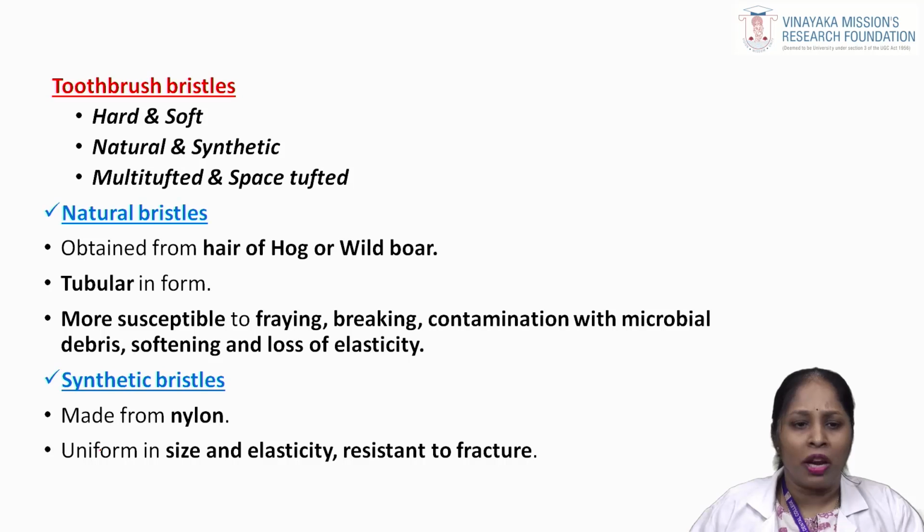In the toothbrush, there are bristles which are hard and soft, natural and synthetic, multi-tufted and space-tufted. The natural bristles are obtained from the hair of hog or wild boar, and they are tubular in form, but natural bristles are more susceptible to fraying, breaking and contamination with microbial debris, softening and loss of elasticity.